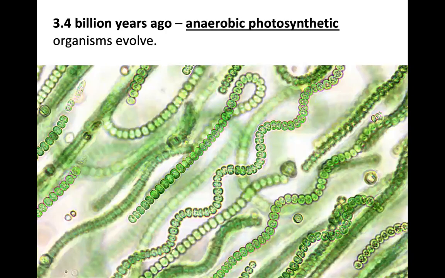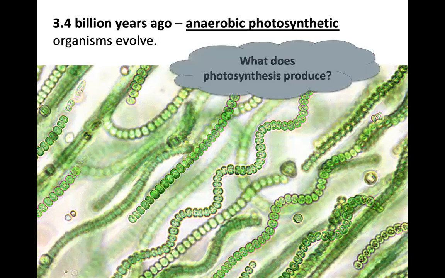Then as time goes on, now we're 3.4 billion years ago, and we have the anaerobic photosynthetic organisms that start to evolve. So we're going piece by piece. What's the purpose of photosynthesis? What does it produce? It produces oxygen.